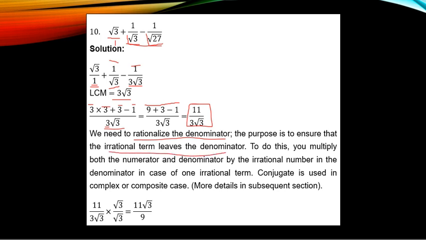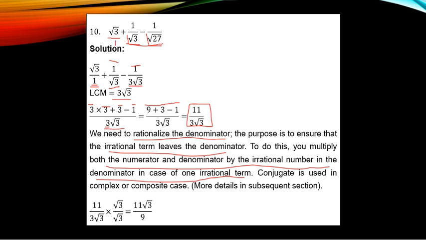To do that, you multiply both the numerator and denominator by the irrational number in the denominator. In case of 1, if it's just one of them, okay, conjugate is used in complex or composite cases. Don't bother yourself about conjugate. When we get there, we'll explain them.